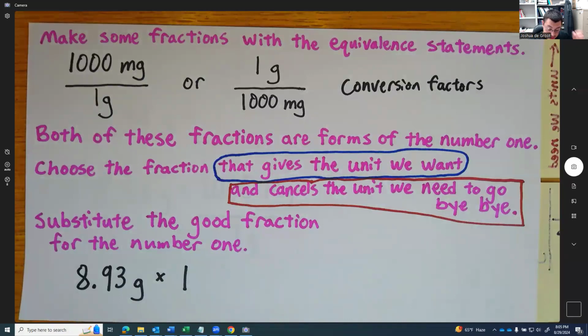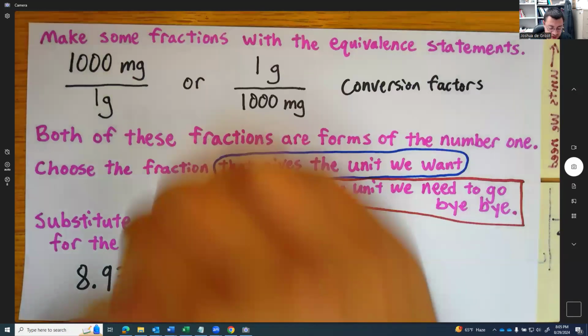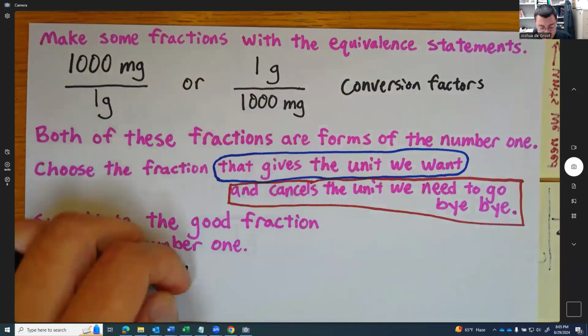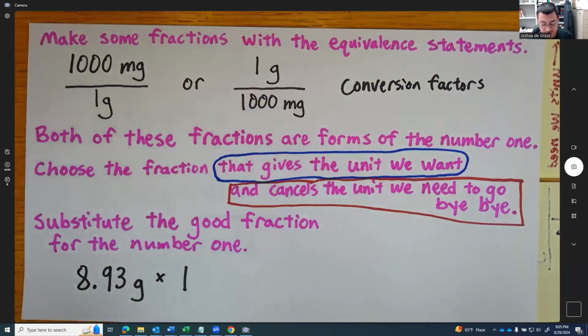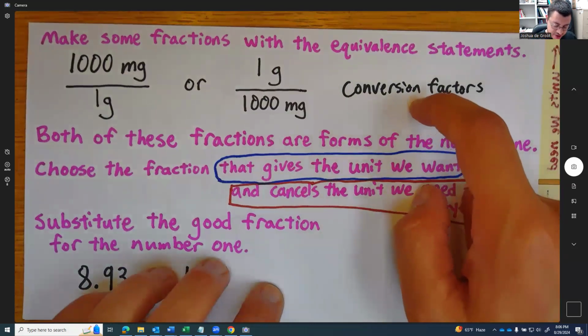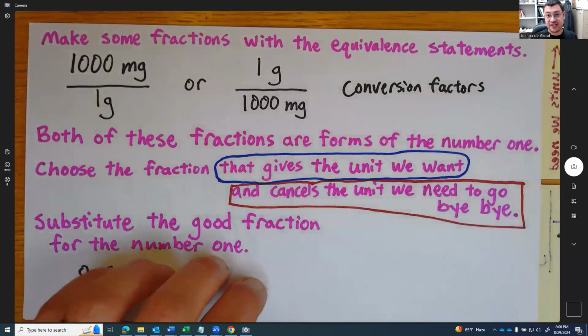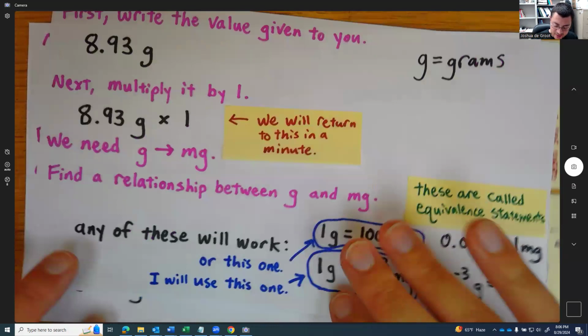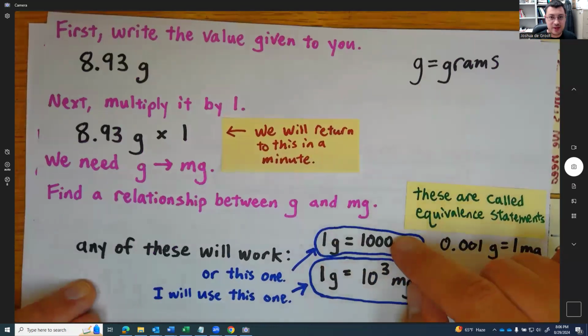So let's continue with my narrative here. Both of these fractions are forms of the number 1. That's one of my main arguments today. When we're coming up with this idea of a conversion factor, we're actually just making a fancy version of the number 1. Because we said earlier that 1 gram is the same as 1,000 milligrams.